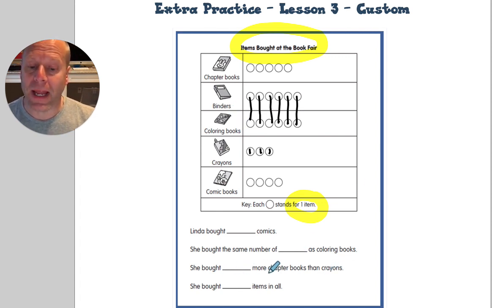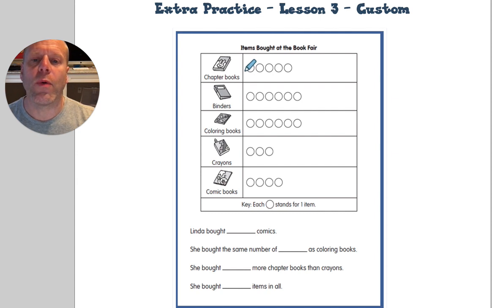She bought blank more chapter books than crayons. So this is an interesting one because you're way up here looking at the chapter books. And then you're right here looking at the crayons. Well, we know that the chapter book's longer. But what we don't know is how much longer.